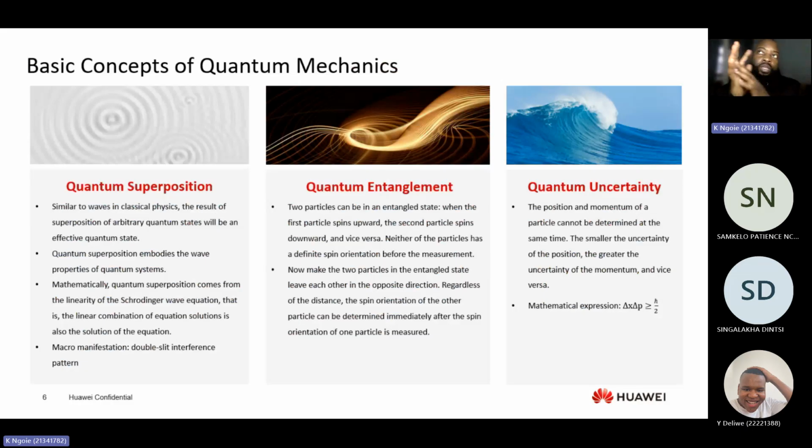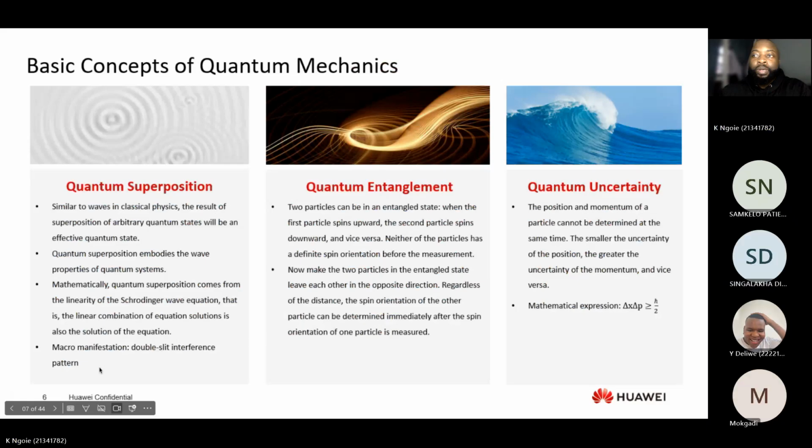So, some basic concepts of quantum mechanics. We need to note that in quantum mechanics, we talk about quantum superposition, quantum entanglement, and quantum uncertainty. When we talk about quantum superposition, remember I just mentioned how we're dealing with qubits.